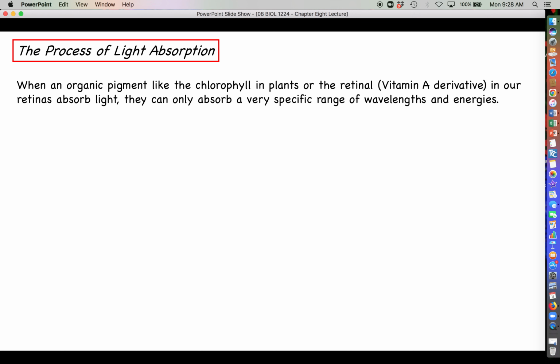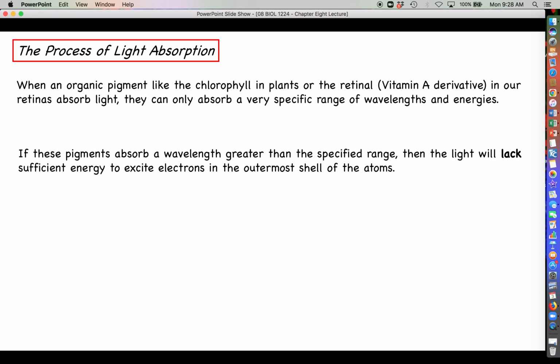Okay, so finally, let's talk a little bit about the process of light absorption. So when an organic pigment, like the chlorophyll and carotenoids that we've seen before, or the retinal, which is a vitamin A derivative that absorbs light in our own retinas, as we've seen, they can only absorb a very specific range of wavelengths and energies. So what happens when these pigments are exposed to wavelengths that are not within their specific range?